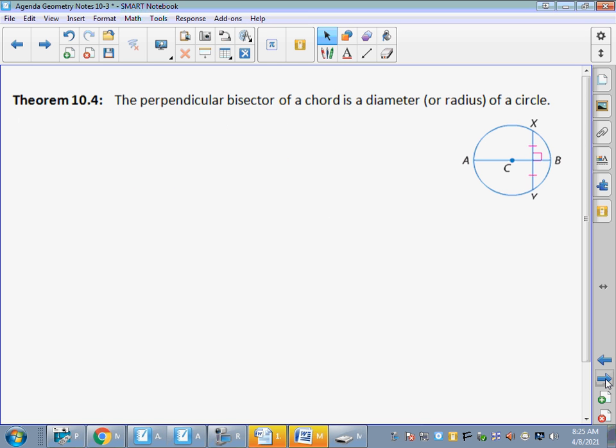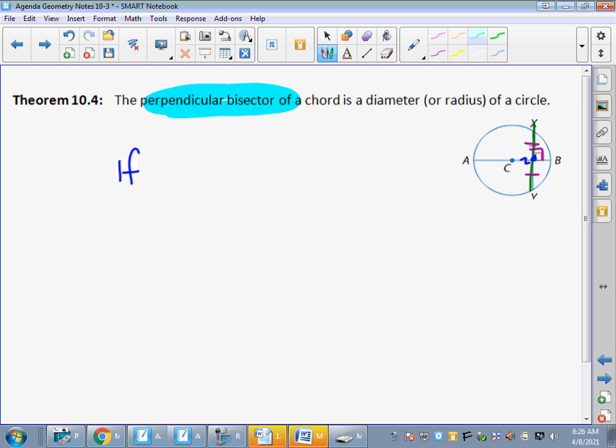All right, theorem 10.4. I told you there were a lot of theorems, right? The perpendicular bisector of a chord is a diameter. This is actually just the reverse of what we just talked about. If this chord XY gets bisected, so two congruent segments, and it's perpendicular, so a perpendicular bisector, then we know that AB is a diameter, or perhaps CB is a radius. I'm going to put a Z here just so that I have a point.